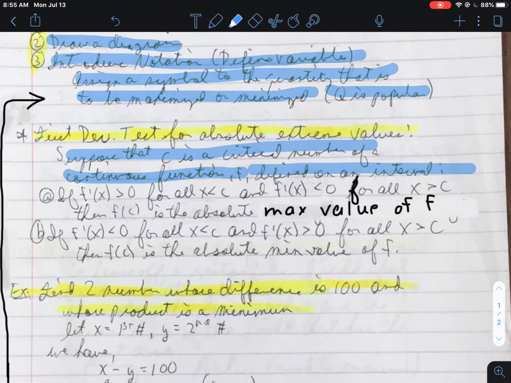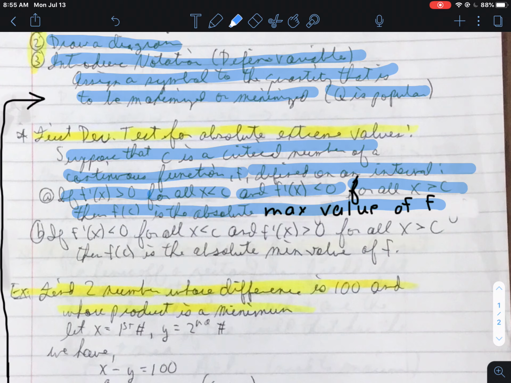If f prime is positive, greater than 0, for all x less than c, that means our function is increasing. And f prime is negative for all values of x greater than c, so then we go to decreasing. So there we have an increasing function changing to a decreasing function. Then we know that f of c is the absolute maximum value. So c, our critical number, is the location of an absolute max because we're going from increasing to decreasing.